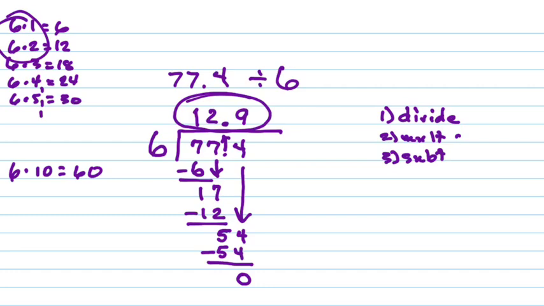Why? Because if it goes in more than 10 times, then when you're doing long division, that means it would have gone into the other number beforehand. But at least it'll help you with your multiplication facts as well.